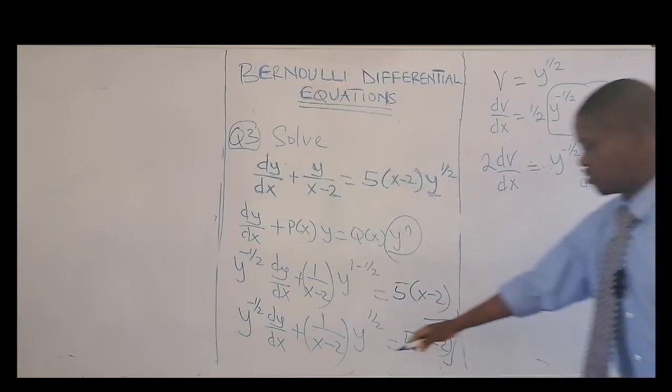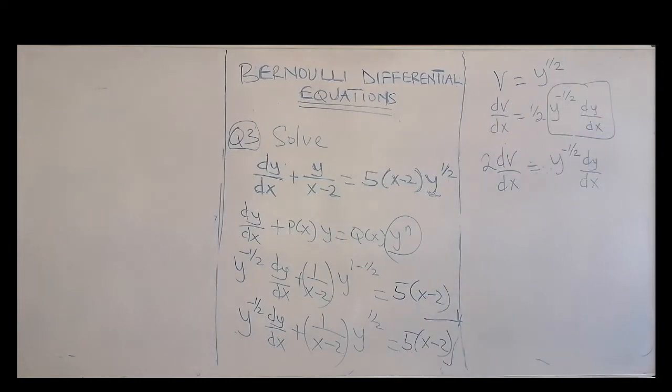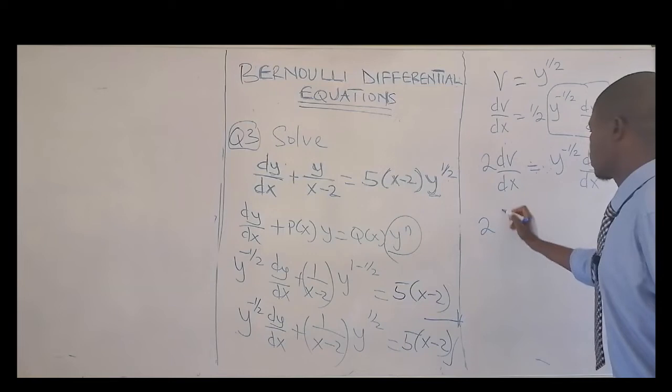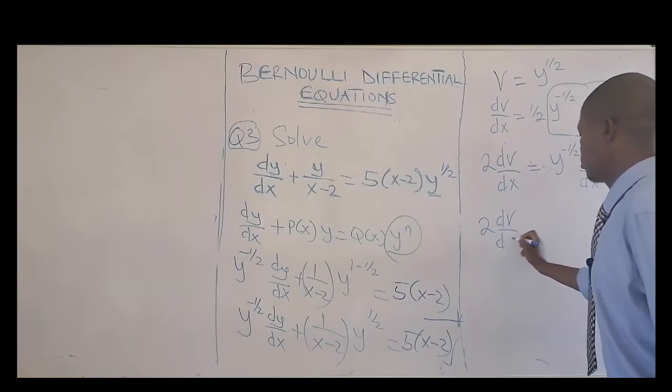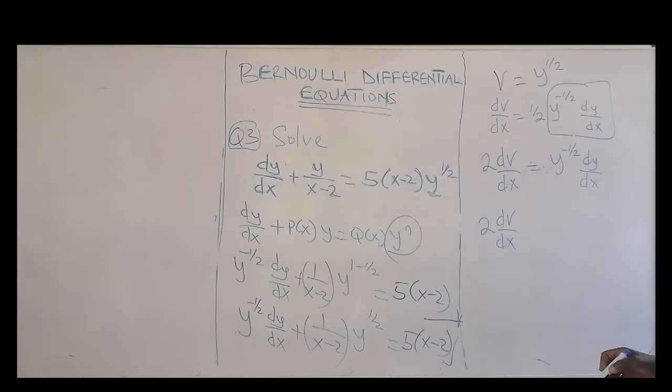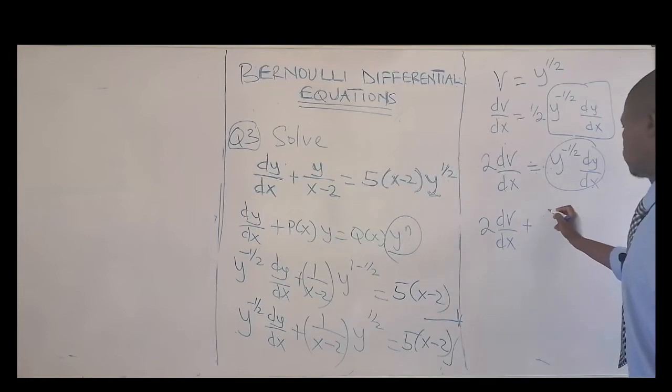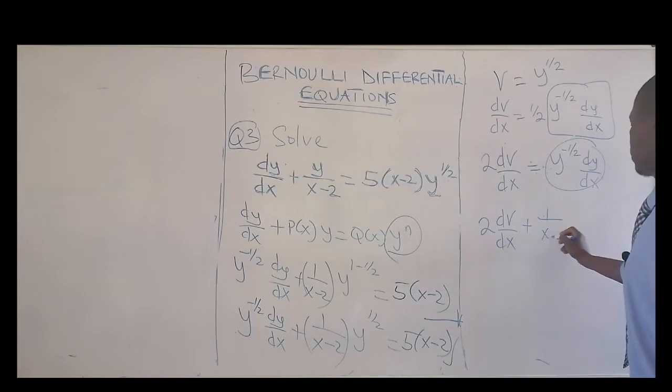So go back to this equation and do your substitution there. So you have 2 dv/dx, you put this one there, then plus 1 over x minus 2.